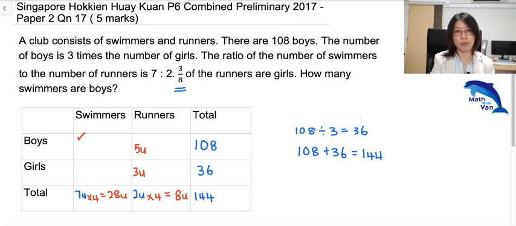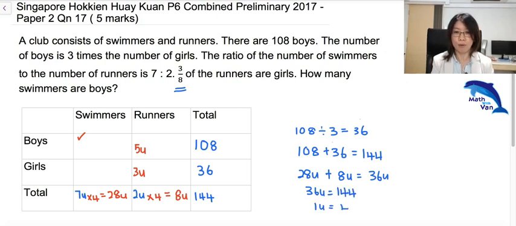And what is the value of 1 unit? As you can see horizontally, 28 units, that means the total number of swimmers plus the total number of runners gives you the total number of members, and that gives you 144. So 1 unit is 4. If 1 unit is 4, 5 units is 20.